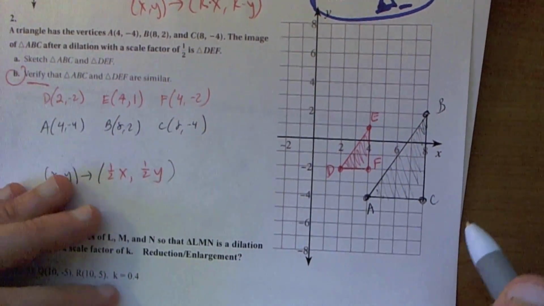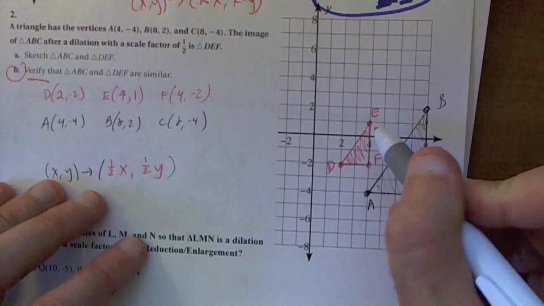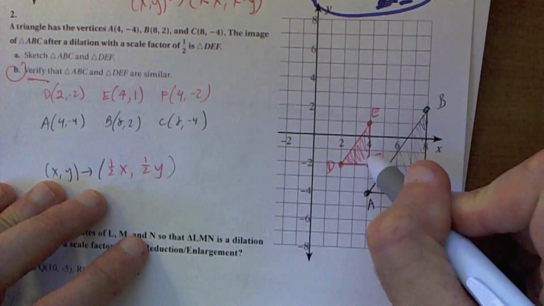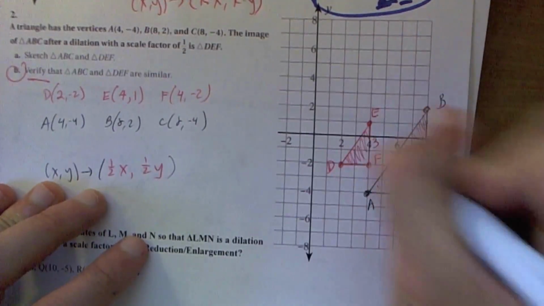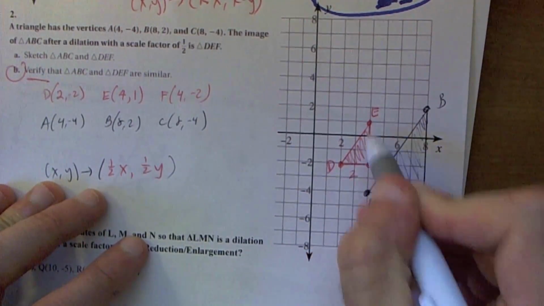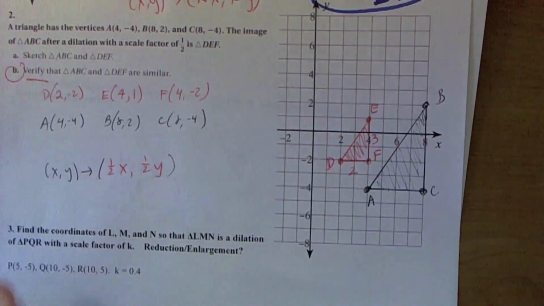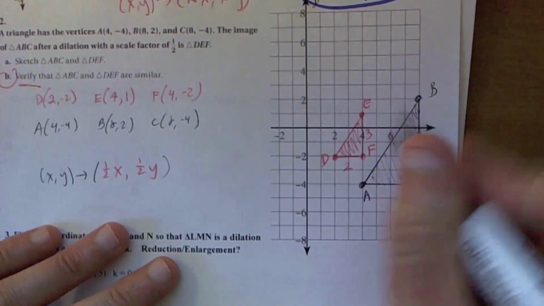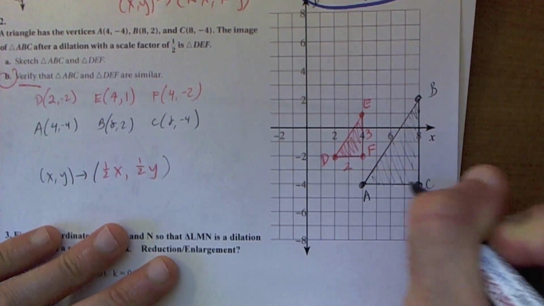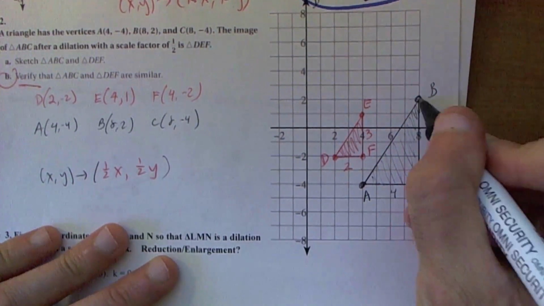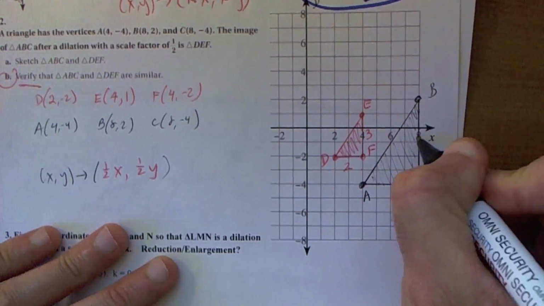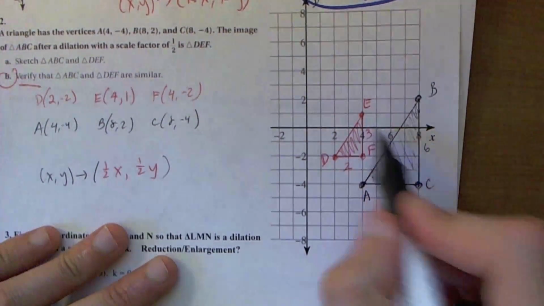So one way that we could do that is to check the sides. Let's just count here. 1, 2, 3. This is length 3. 1, 2. This is length 2. I could use the distance formula here, but I'm not going to. If I count this, 1, 2, 3, 4, this is 4. This distance here, 1, 2, 3, 4, 5, 6, is a distance of 6.